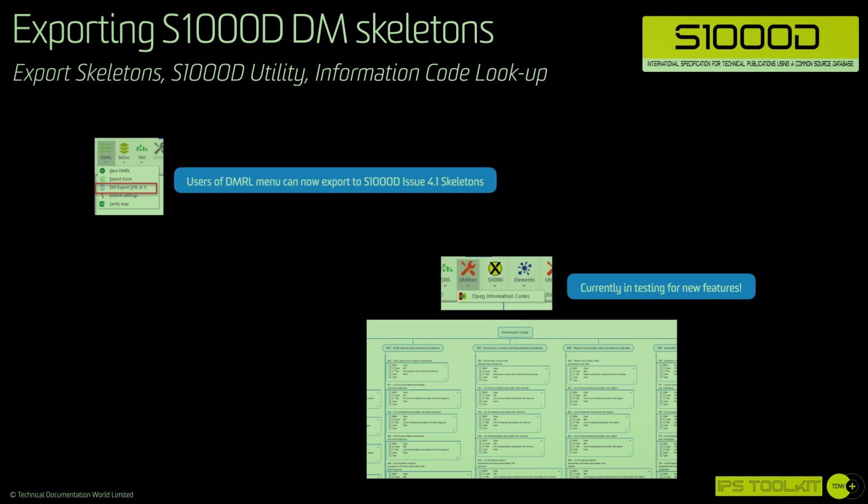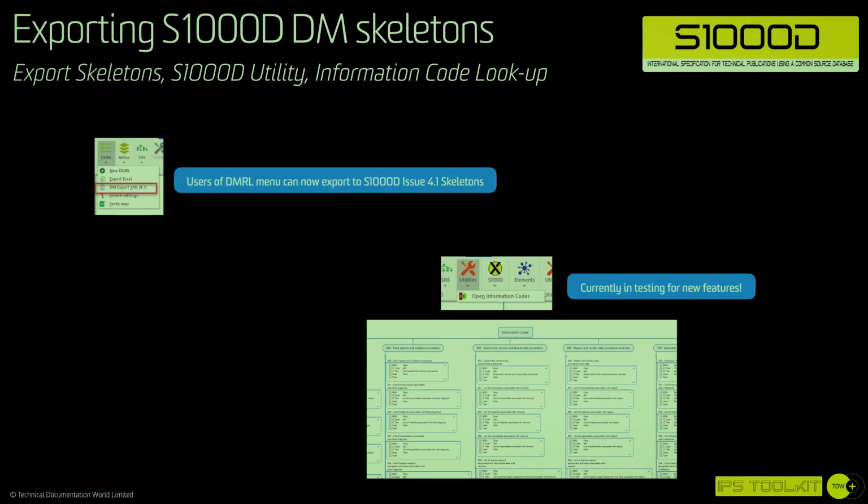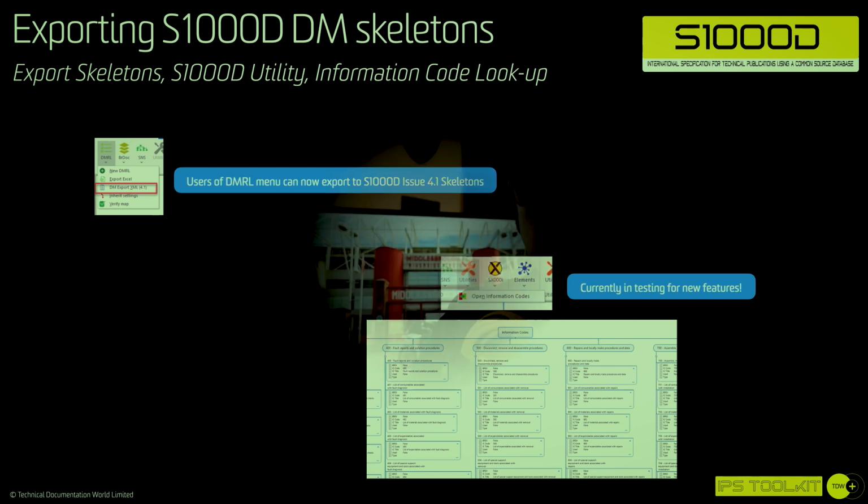And the utilities in the bottom right-hand corner there, what we've included now is an S1000D information code lookup. Now, if you can see the map particularly well there, you can see that we've added attributes to that. Why? I think if you're clever enough, you'll see that we're looking at new features on how we can then have this drive a lot of the other maps that we work with and that we have.